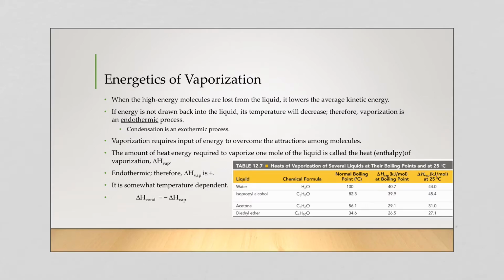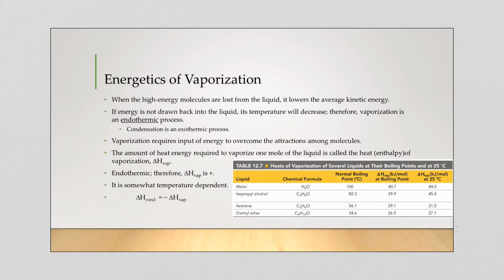Now that means if vaporization is endothermic and requires energy, condensation must be exothermic and releases energy. As we saw before, when that gas went into the liquid and condensed, it had to give up some of the energy to drop down to a lower kinetic energy state, a liquid.